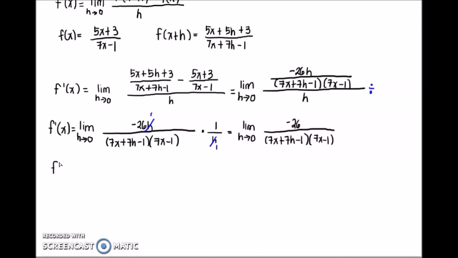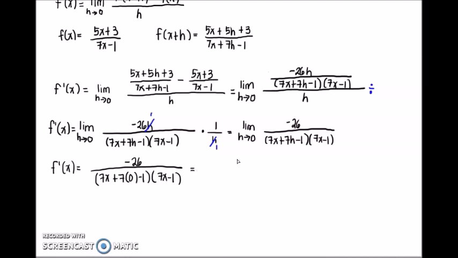So, evaluating the limit will give us derivative of f of x equals negative 26 all over 7x plus 7 times 0 minus 1 times 7x minus 1.